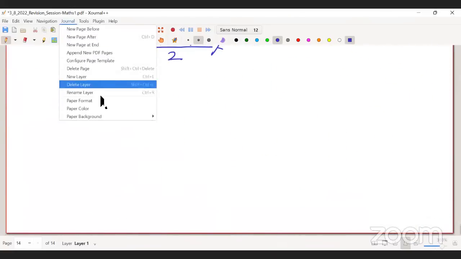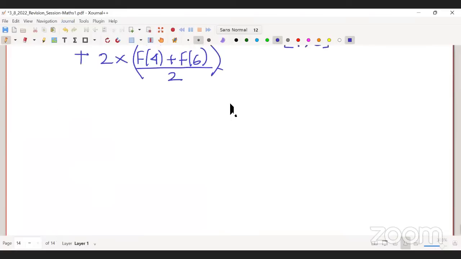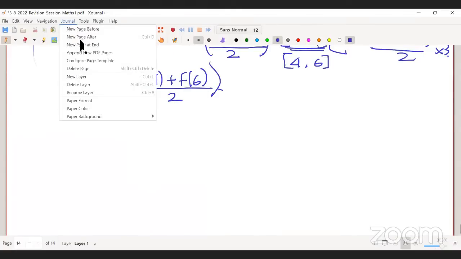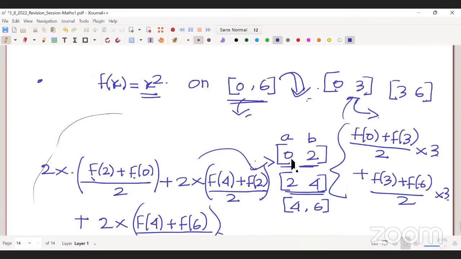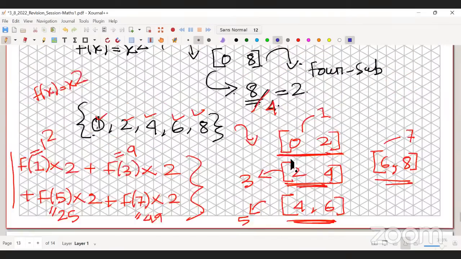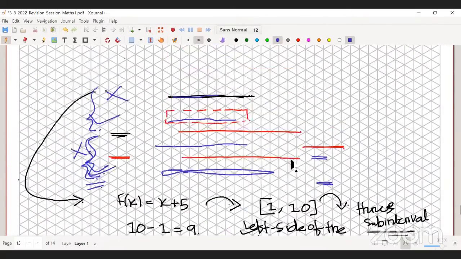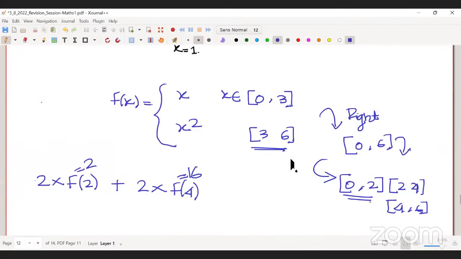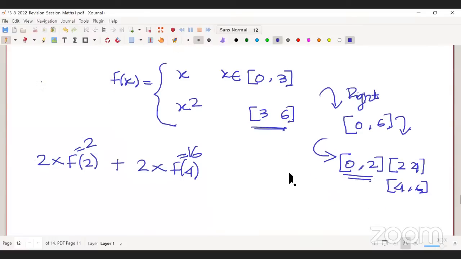Sir, in the last slide, for x and x square, you chose the function for different intervals. If we draw the function, one side of the interval is for one portion and the other side for the other portion.